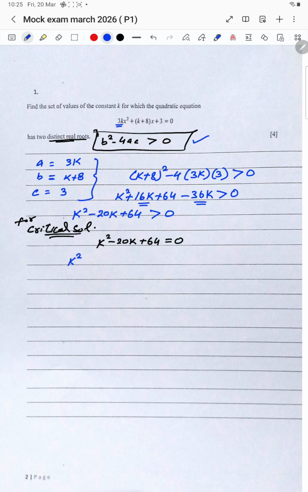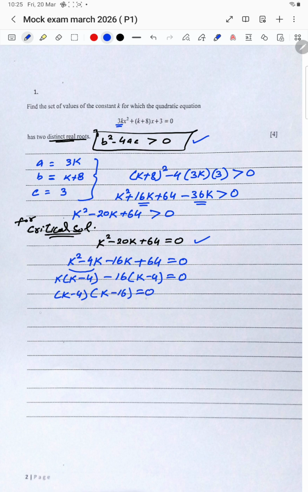So k square minus 4k minus 16k plus 64 equal to 0. You have a choice, either apply the quadratic formula or the middle term break rule. Here k is common, we get k minus 4; minus 16 is common, again k minus 4 equal to 0. So the factors are k minus 4 and k minus 16.